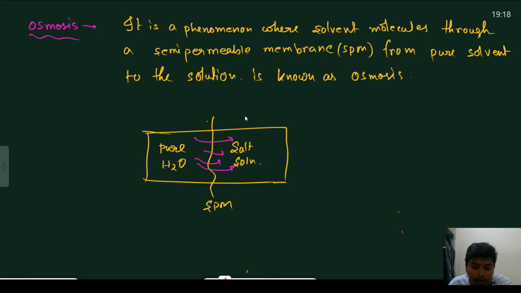Always remember, osmosis happens from low concentration to high concentration. Tell me, where is the salt concentration high, A or B?